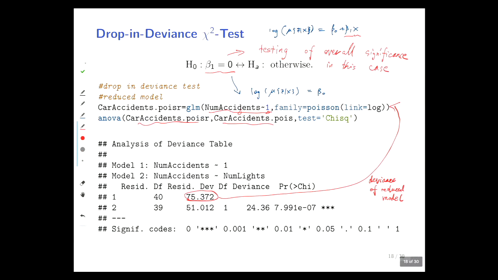So maybe I can write down what the reduced model and the full model are. The reduced model here can be simply expressed in this way. And this is the deviance of the full model with the one explanatory variable.